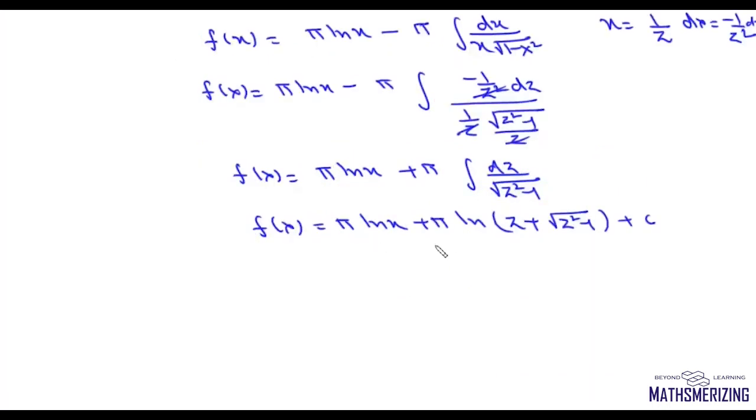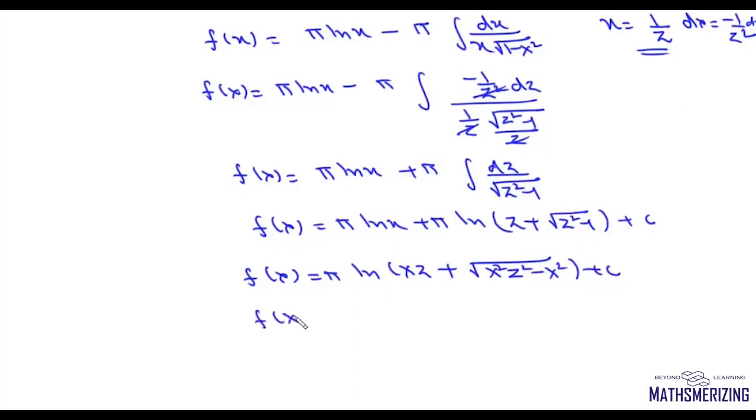Now we'll take pi common, and log m plus log n is log m into n. So we can write this as f(x) equals pi, and then log xz plus under root of x square z square minus x square, plus c. Now x into z is 1, so we can write this function f(x) as pi log 1 plus under root of 1 minus x square plus c.